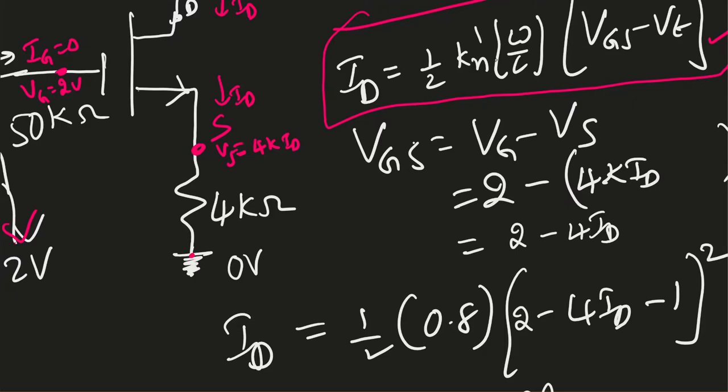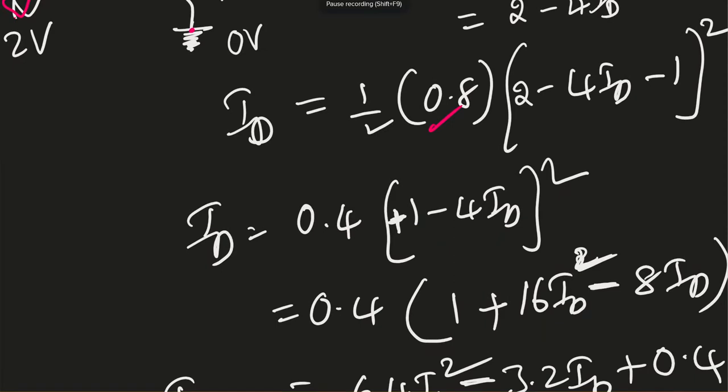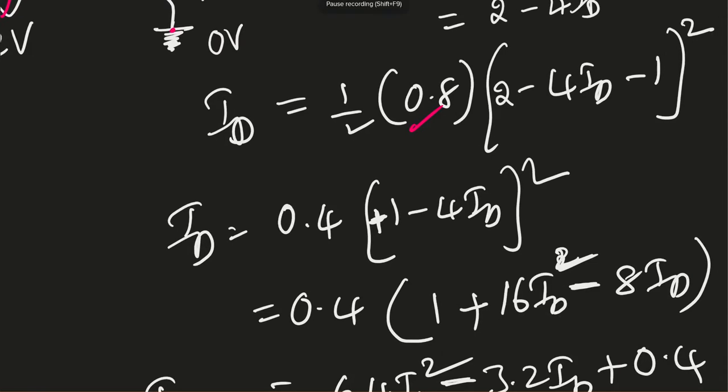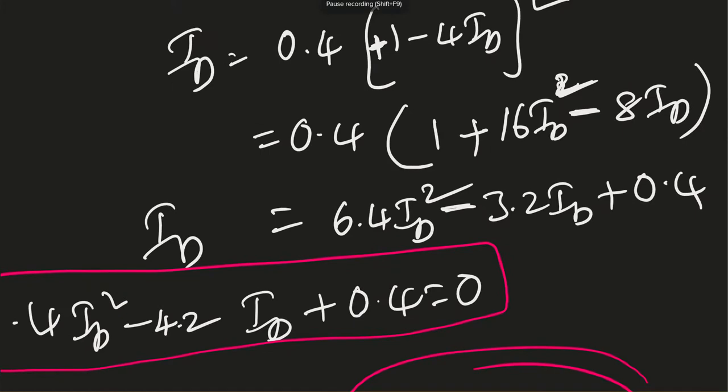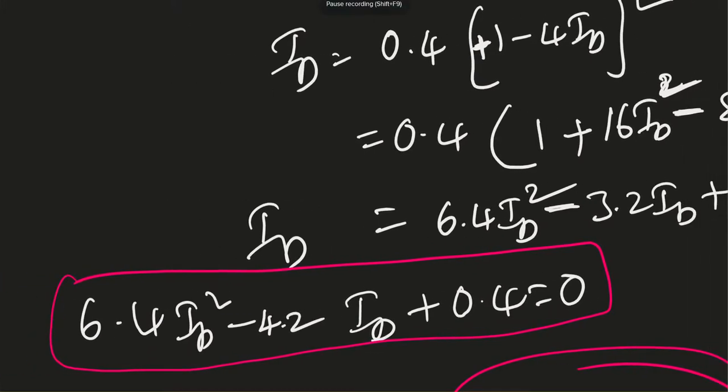Kn prime width over length is given as 0.8, and I substituted the values. I found ID equal to this equation, 0.4 multiplied by (1 plus 16 ID squared minus 8 ID). So it's a quadratic equation: 6.4 ID squared minus 4.2 ID plus 0.4 equals 0.